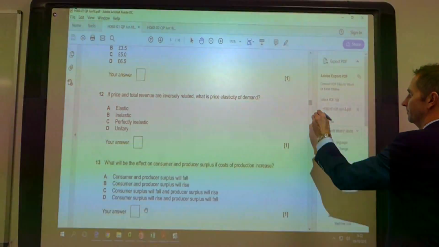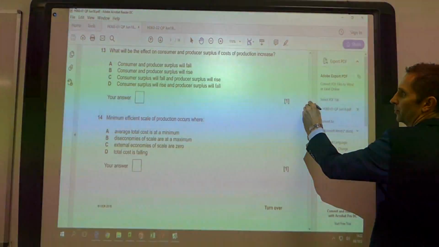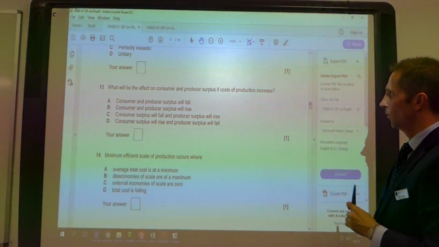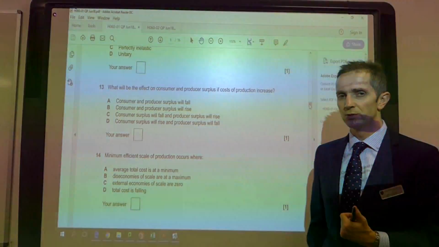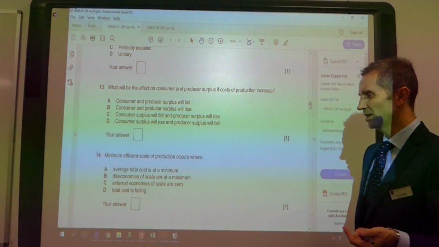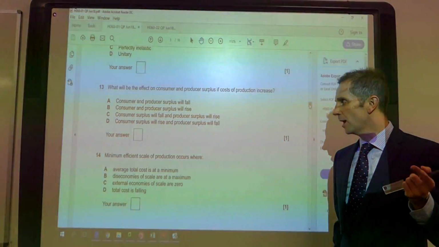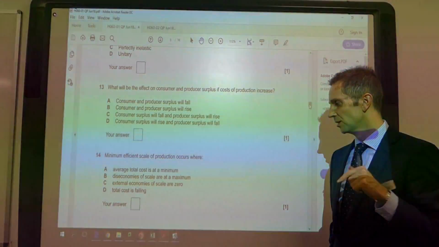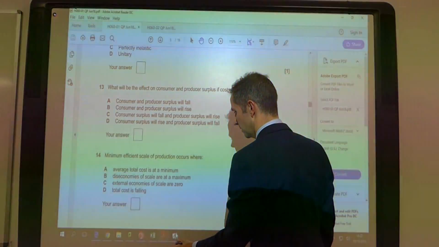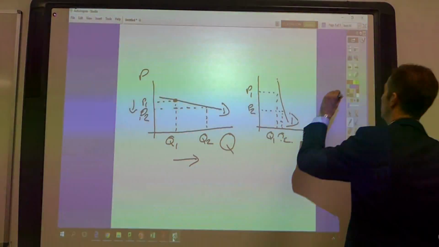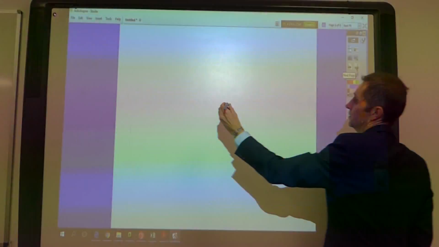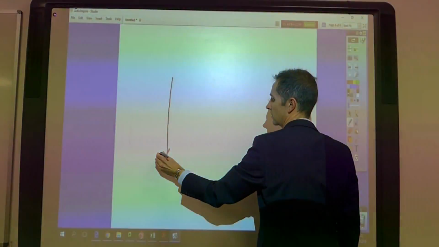Okay, 13. Consumer and producer surplus. What happens if costs of production increase? So this is just draw a diagram, highlight consumer and producer surplus, and see what happens. So let's draw the diagram first of all.